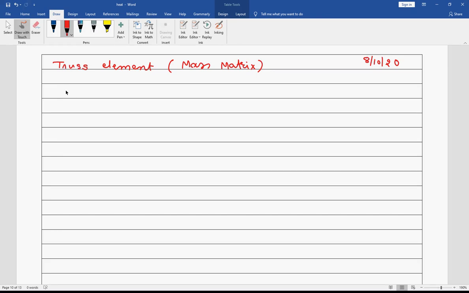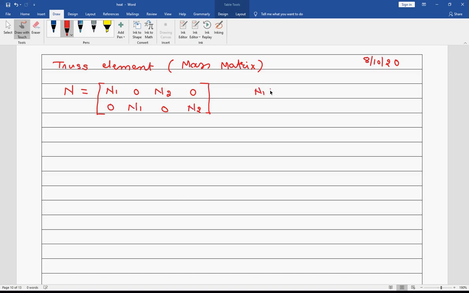So basically now the N matrix I have to write. We have already derived the N matrix for the truss element: N1 0, N2 0, 0 N1, 0 N2. So this was the N matrix for the truss element that we already derived.